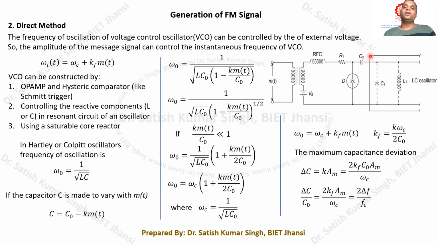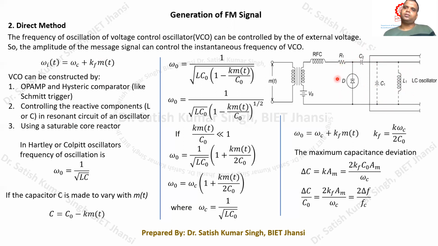The frequency of oscillation is not going to depend on the value of C2, because it acts as a short circuit at radio frequency. Its value should be selected such that at the radio frequency of oscillation it acts as a short circuit, and therefore it cannot be involved in deciding the frequency of oscillation of this tank circuit.